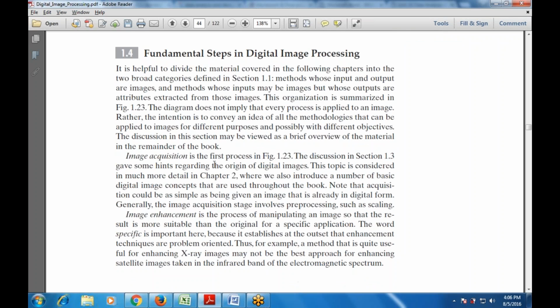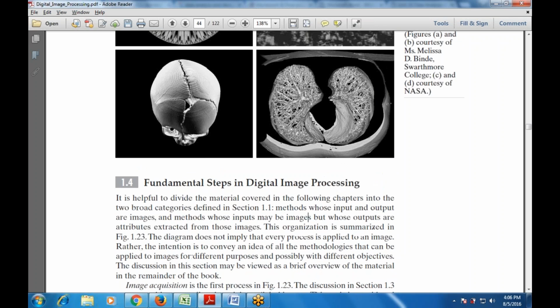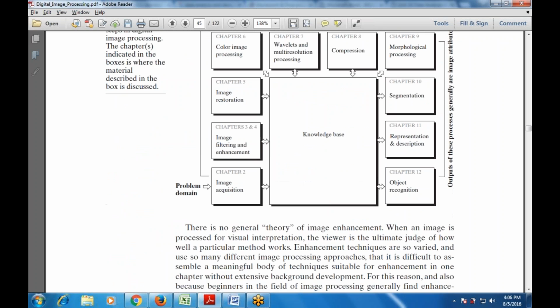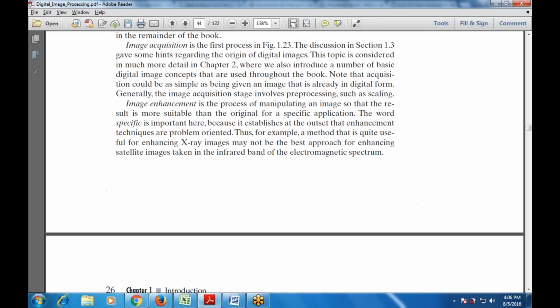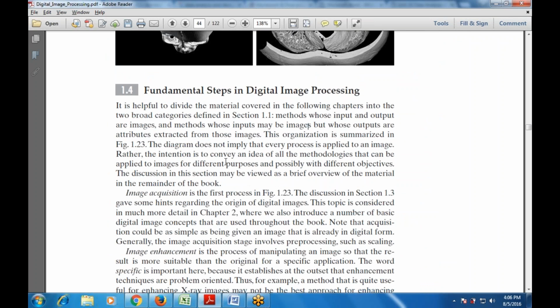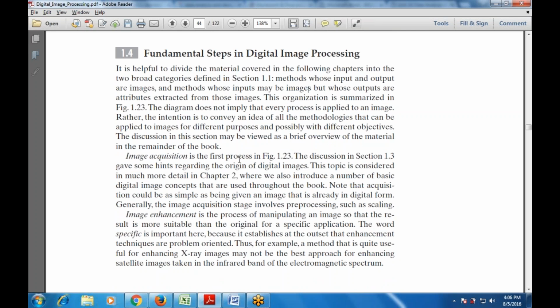Image acquisition is the first step in figure 1.23. The topic is considered in more detail later, where we also introduce a number of basic digital image concepts that are used throughout the book.